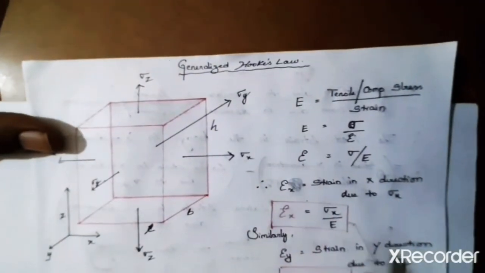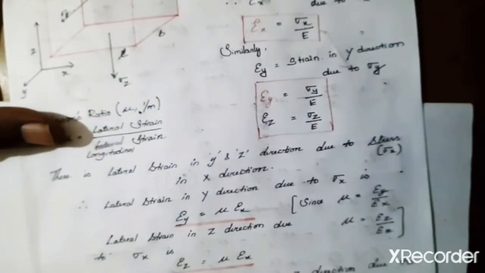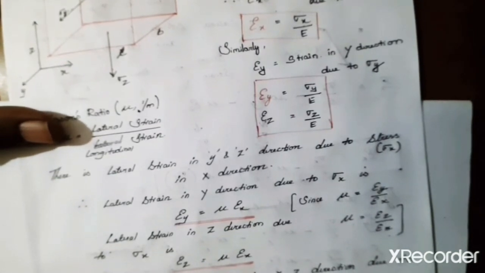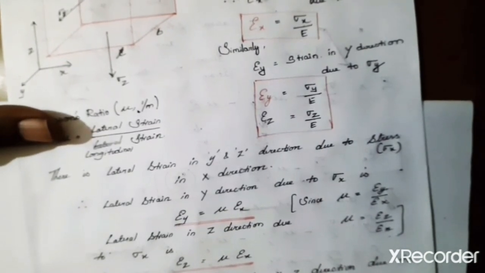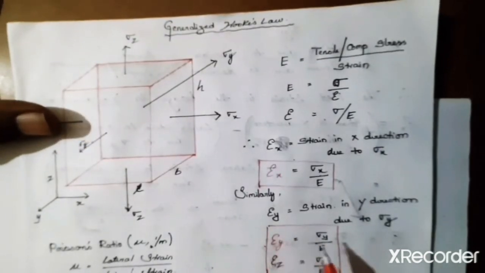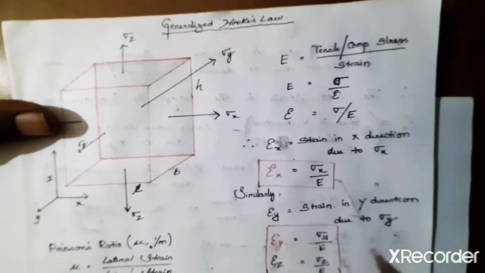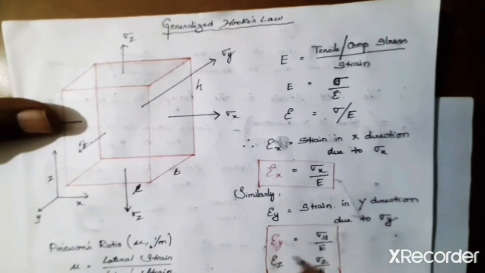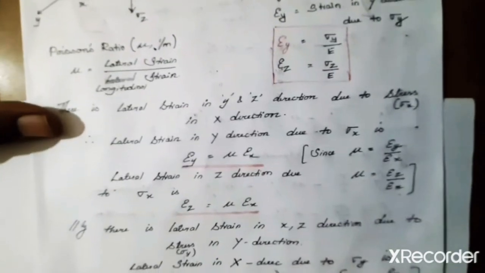So I need to add the longitudinal strain and the lateral strains in x direction to get the total or net strain. Similarly, to get the net strain in y direction, I need to add the longitudinal strain in y direction and also the lateral strains in y direction.